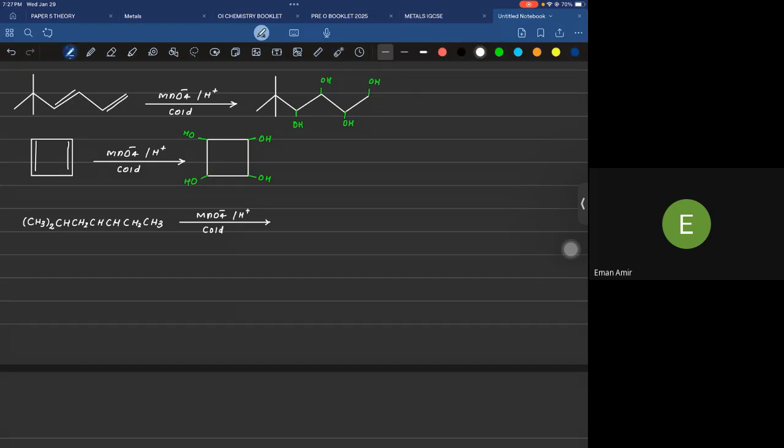If you are good at displayed formulas, draw the displayed formula first so you can see where the double bond is, and then attach OH groups on that double bond. But if you are good at identifying condensed formulas, when you see CH=CH, it means this is the double bond.